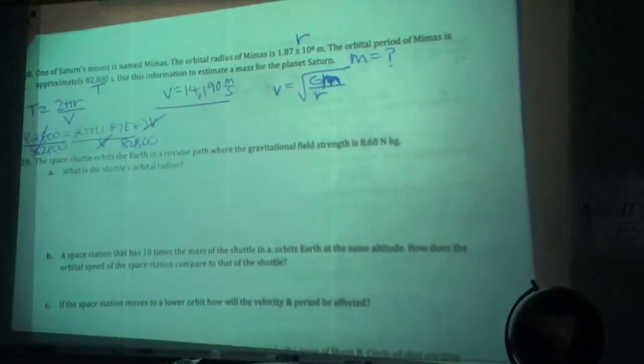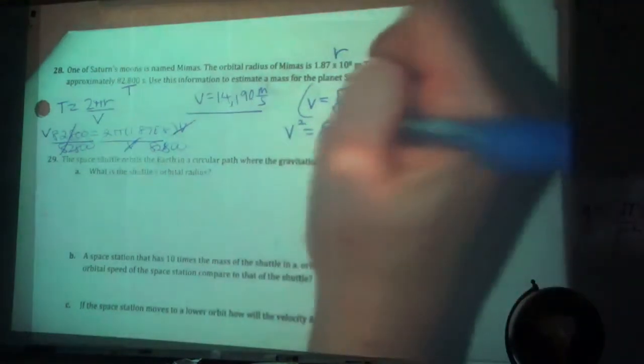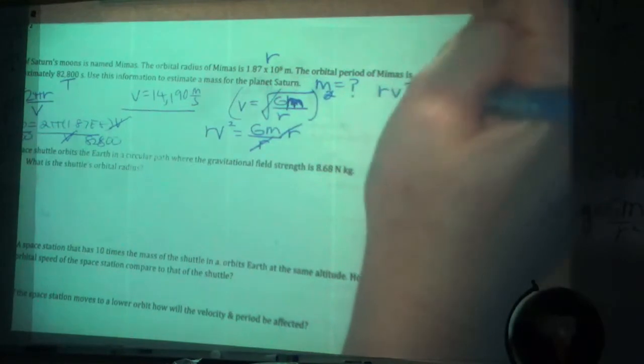To get rid of a square root, we do the opposite of square rooting, which is squaring. When I square the left side, that gives me v squared. When I square the right side, the square and the square root cancel out, and I'm left with what was inside. Now I have v squared is GM over r. I need to multiply that r up, because we're just trying to get rid of things that are keeping the M from being by itself. So that gives me r v squared equals GM. And the last thing to get M by itself is divide G over.